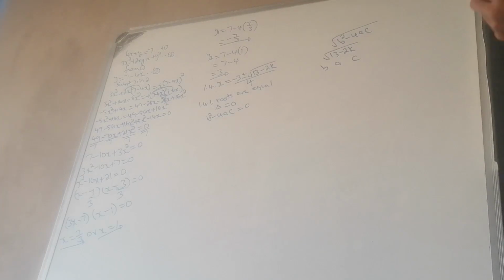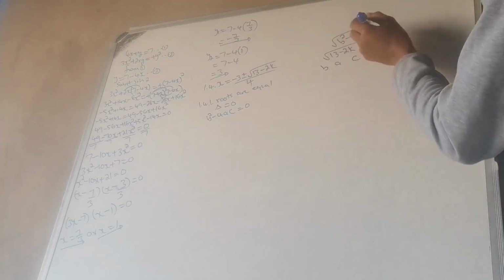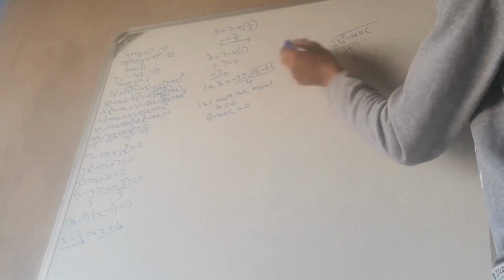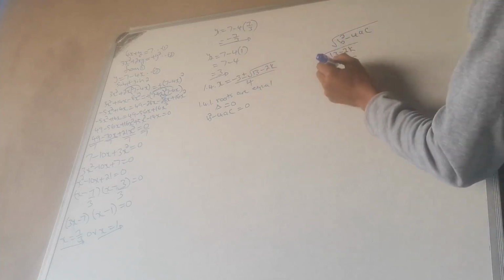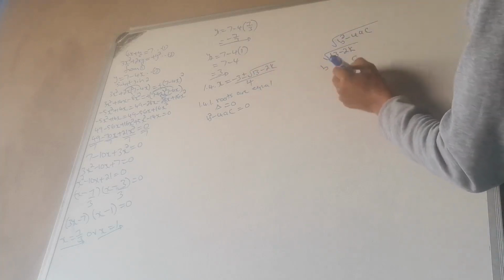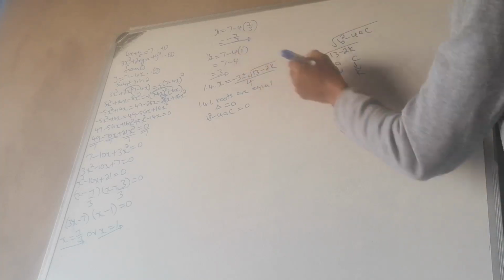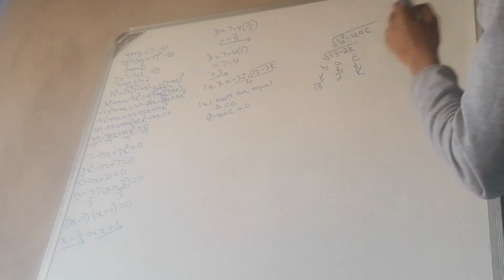So the value of c must be k and the value of a must be 2. So I have a which is 2, I have c which is k. So I have my b squared which is 13.